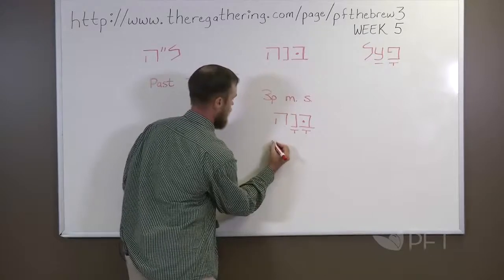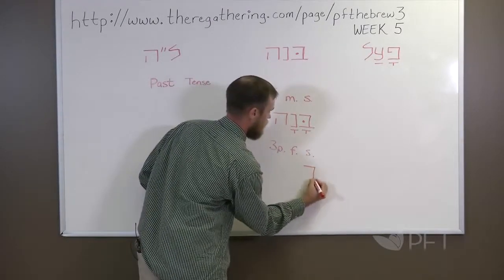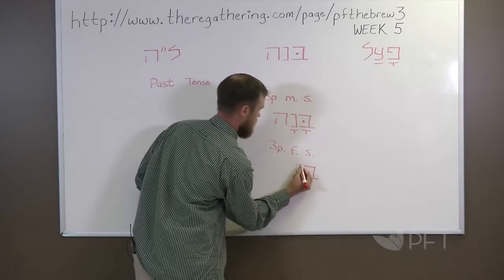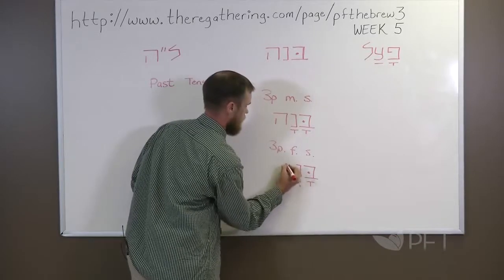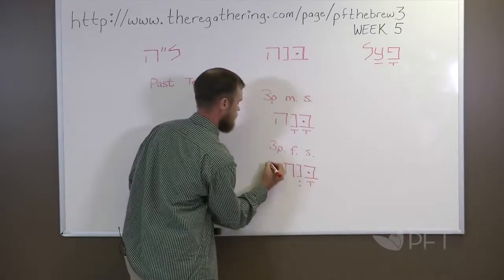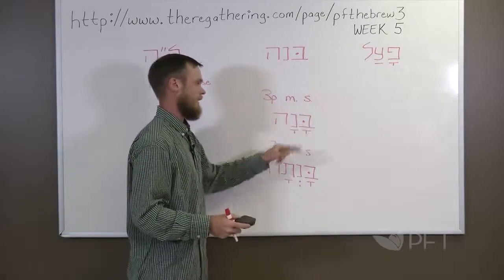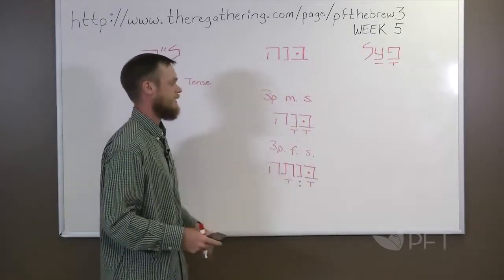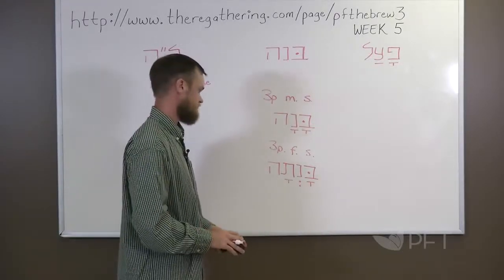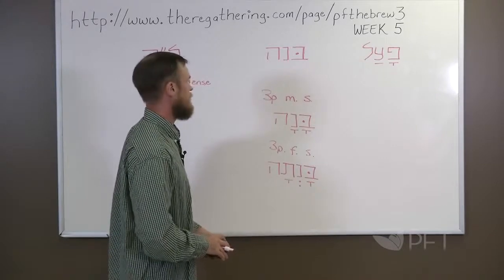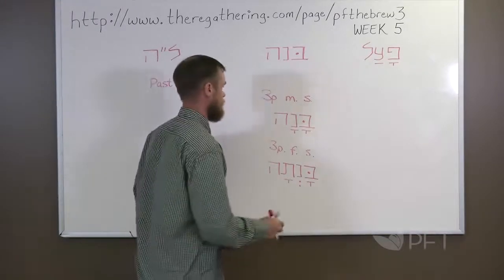If you look at the third person feminine singular, you'll notice an infix. A tav appears in the middle. So hu bana, hi banta. She built would be hi banta. And again, the third person plural is shared by masculine and feminine.